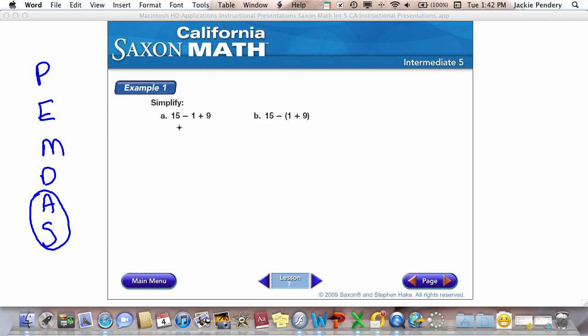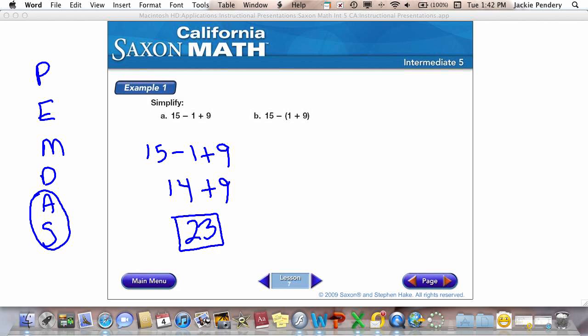So I'm going to start by 15 minus 1, and you're going to, of course, write the original problem. So 15 minus 1 is 14, and then rewrite the plus 9, because you only ever do one step at a time, and then 14 plus 9 is 23. So here's my answer to part A.